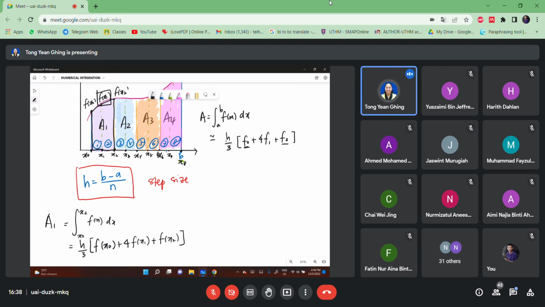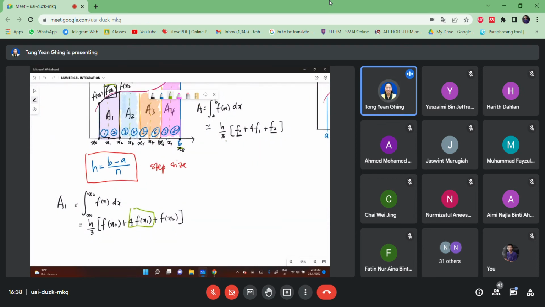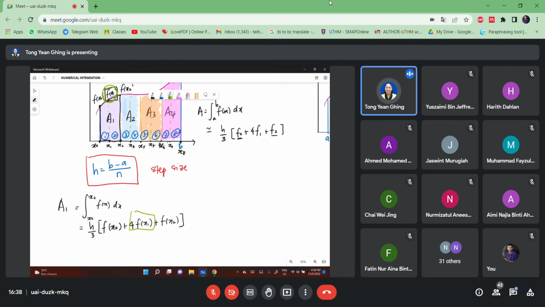So far okay? The middle one has to be multiplied by 4. Same as for A2.